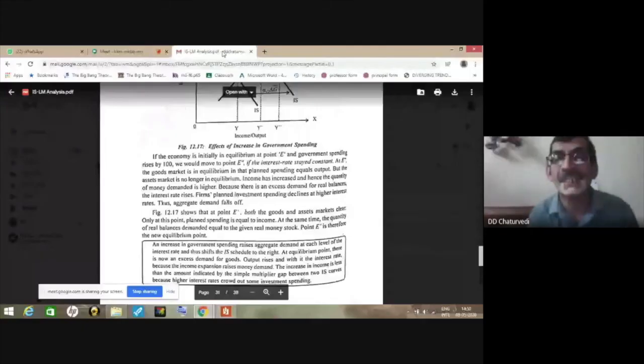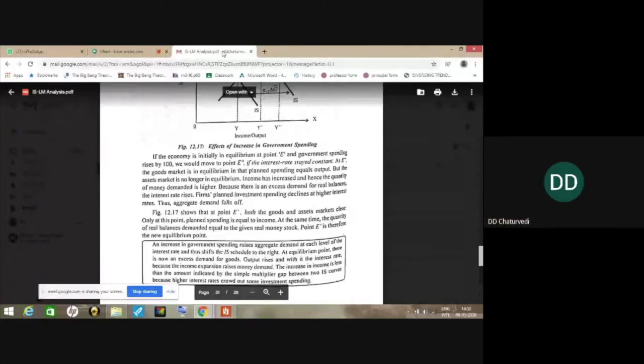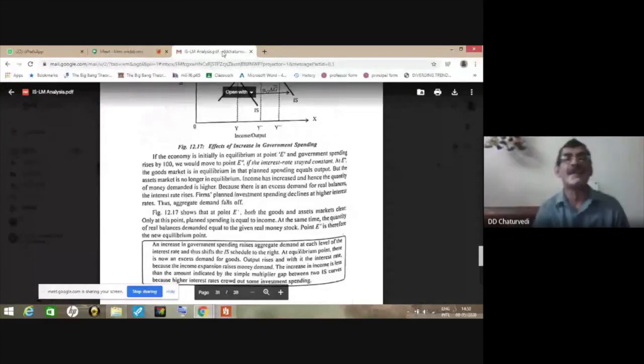The multiplier between E and E dash is somewhat less, because there is some effect which is being diluted, or crowding out is taking place. And why is crowding out taking place? Because of the increase in the interest rate. So we are not able to expand output by as much as we initially felt. The concept is called the crowding out effect, and this is very, very important.